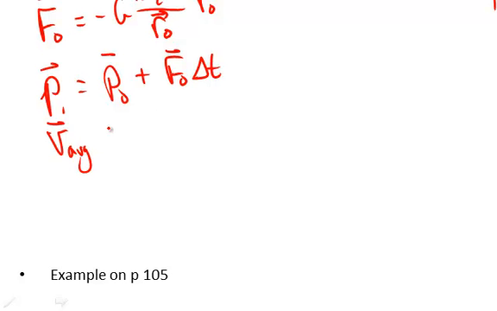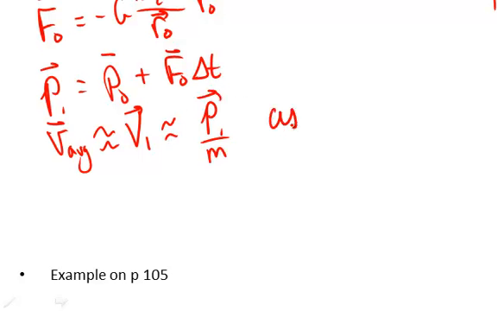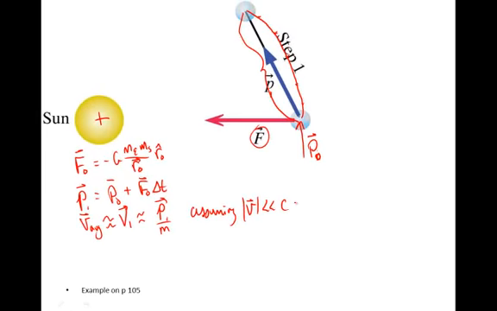Since v1 plus v2 over 2 is inexact, let's make it simple. Let's go with something even easier, and just use the v final, or v1, as my average. That's going to come from P1 over M, assuming that V is much, much less than C, so gamma is approximately 1, and thus P is approximately MV.